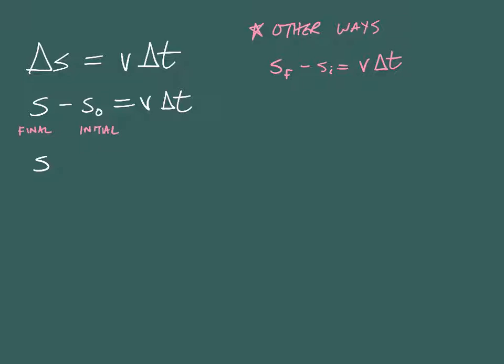Okay, that's easy. S equals S naught plus V delta T. Now I have 3 useful equations. How would you say that in English without using words like add and multiply and equals?